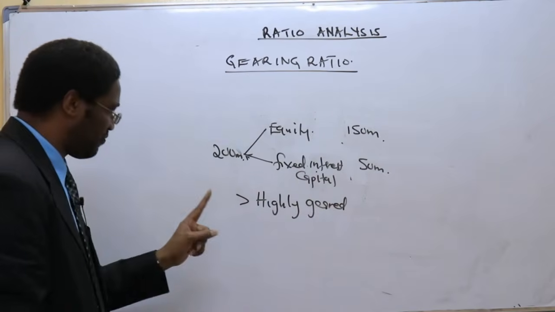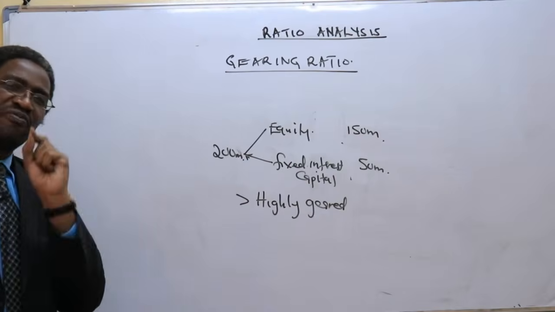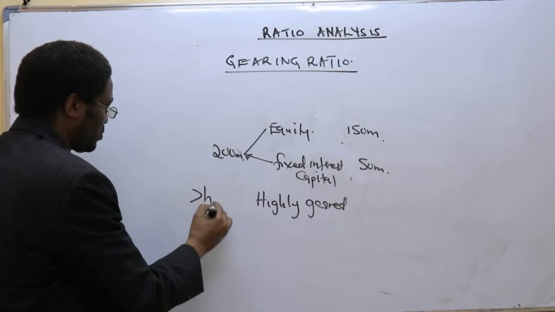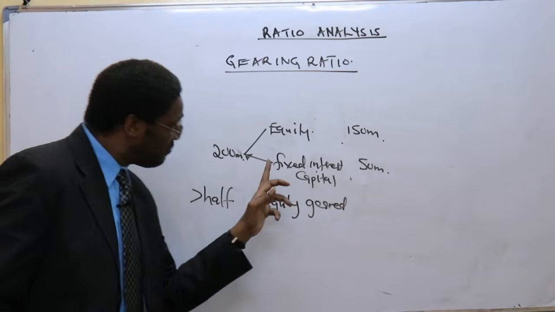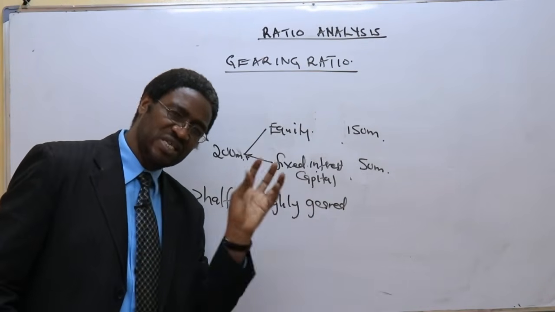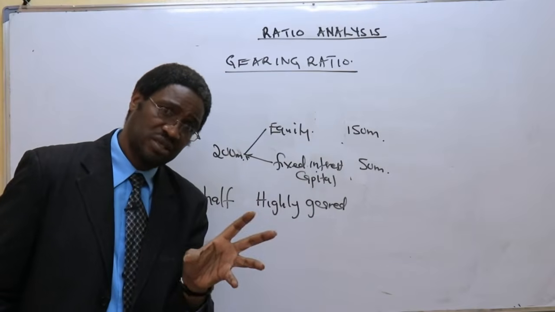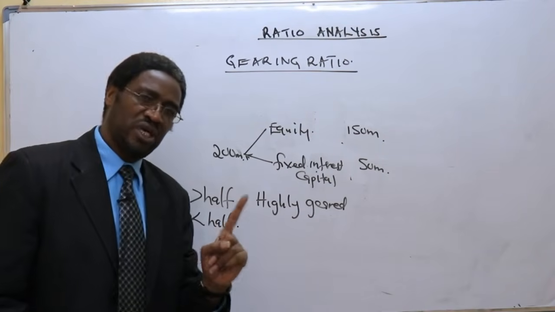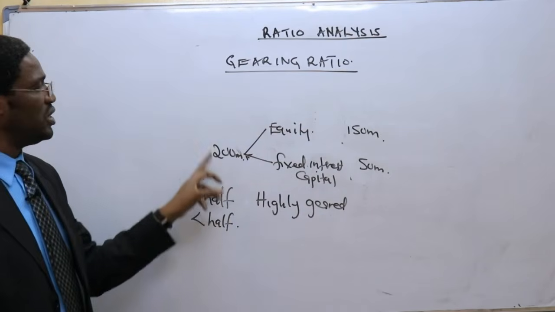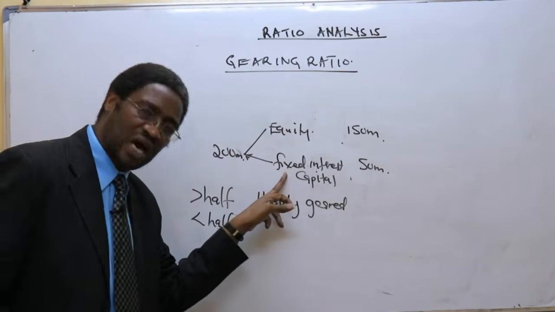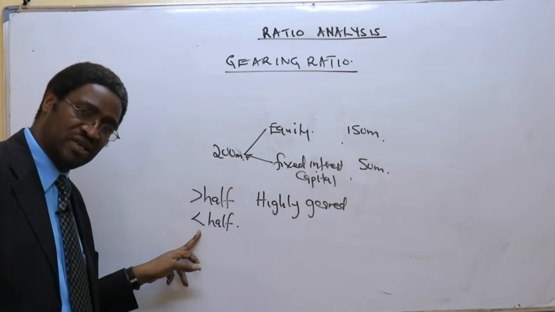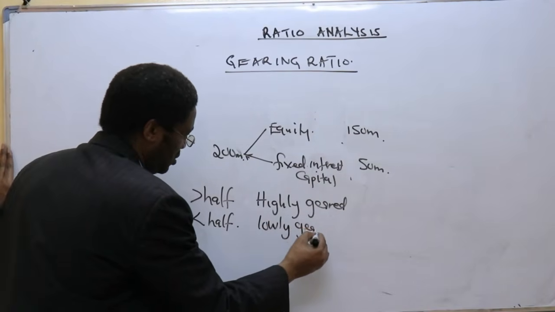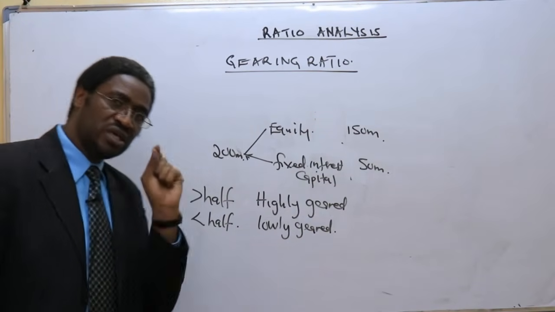If less than half of the company's capital is provided by the fixed interest capital, then we say that company is lowly geared.